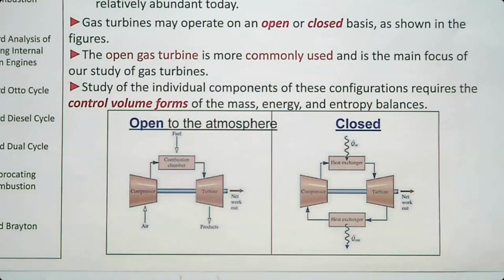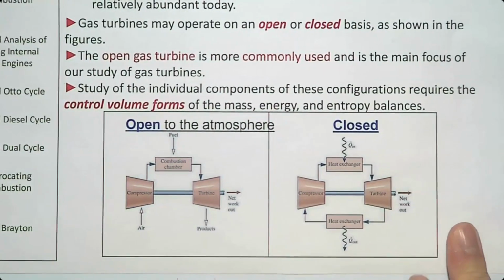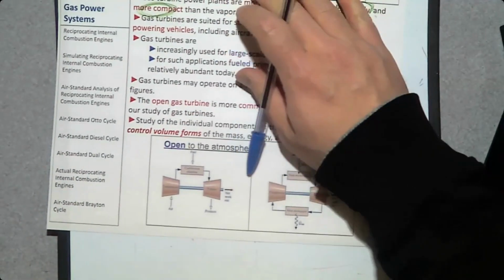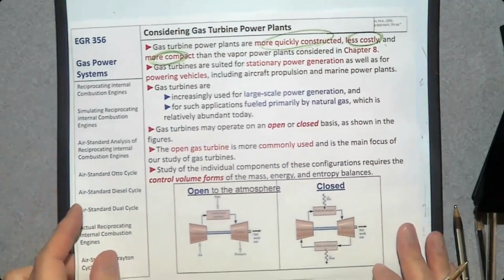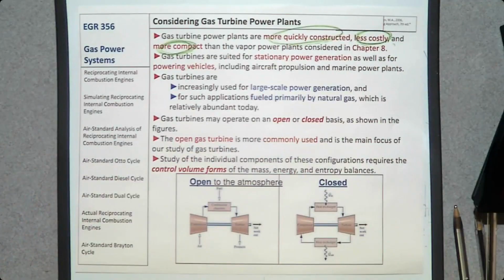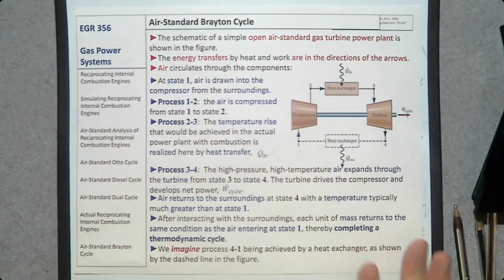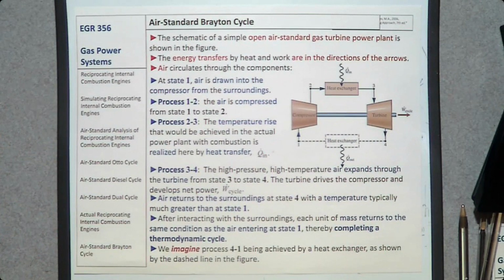Then how can we analyze these gas turbine power plants? We are going to use the same air standard analysis as we do in Otto cycle and diesel cycle. So let's do that.